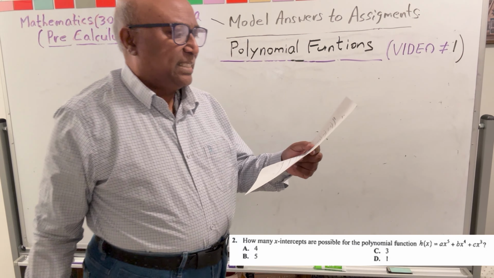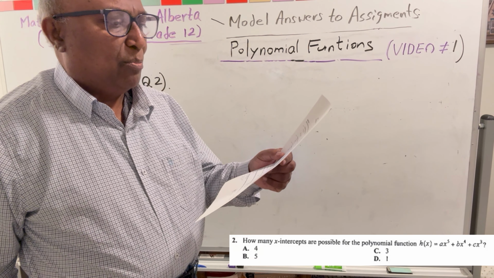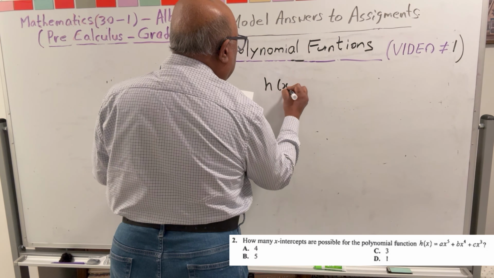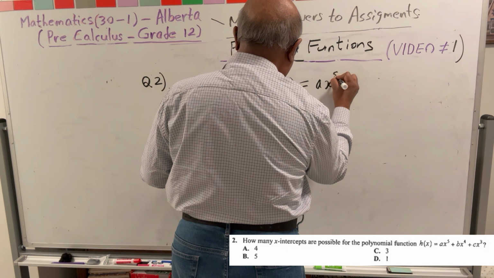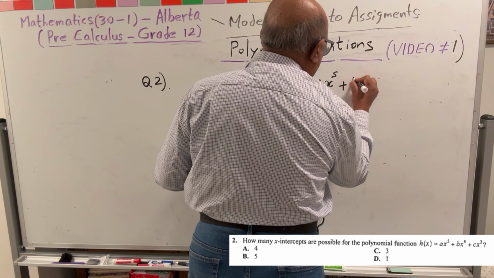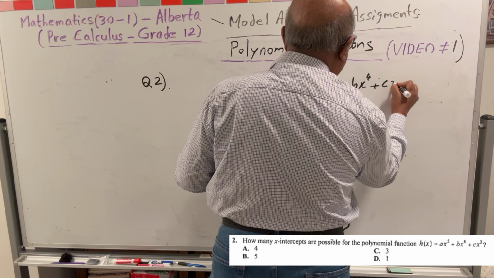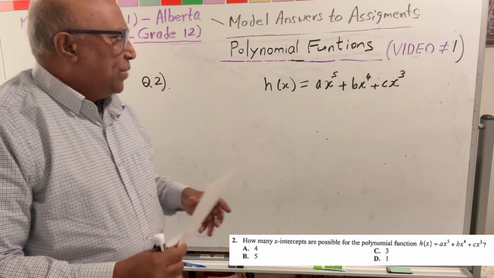How many x-intercepts are possible for the polynomial function h of x equals ax^5 plus bx^4 plus cx^3? How many x-intercepts?